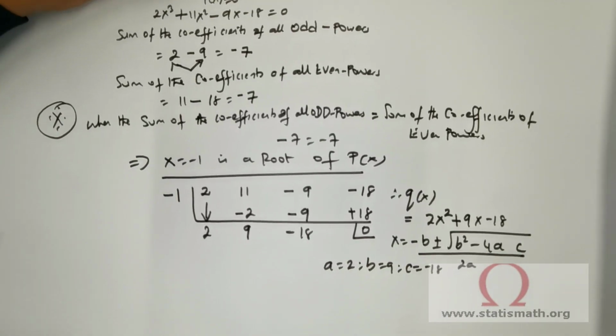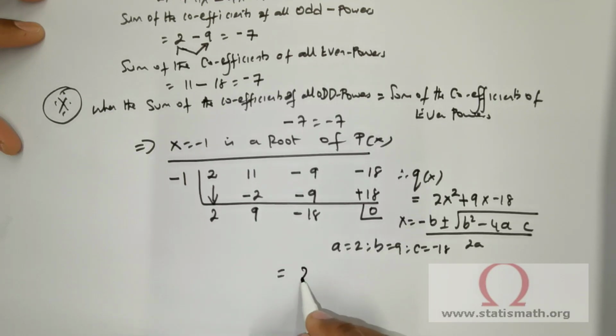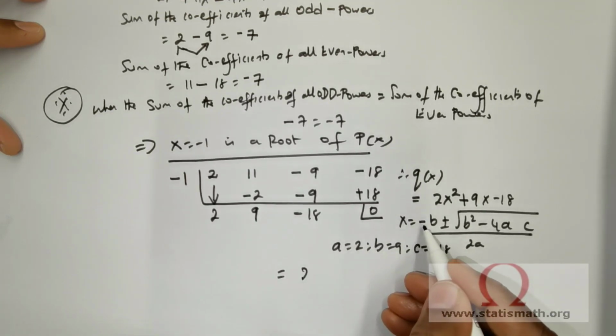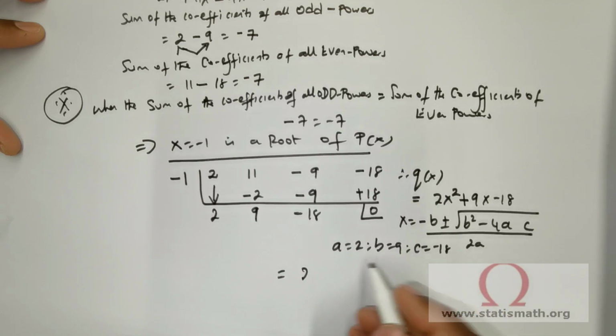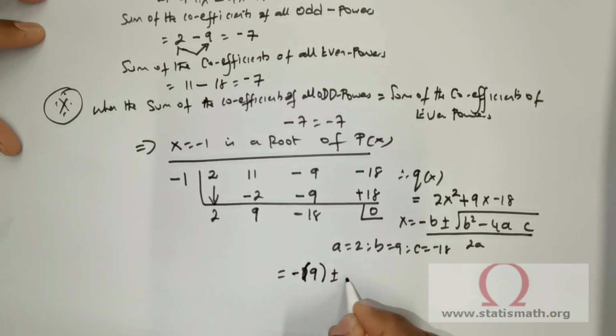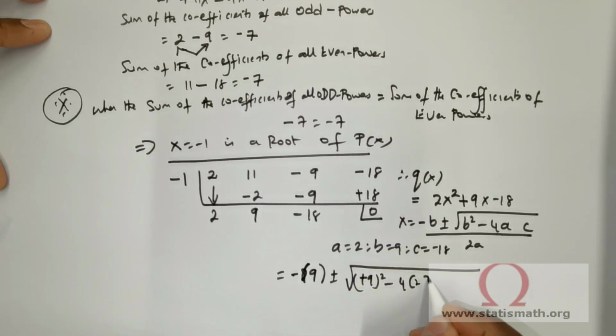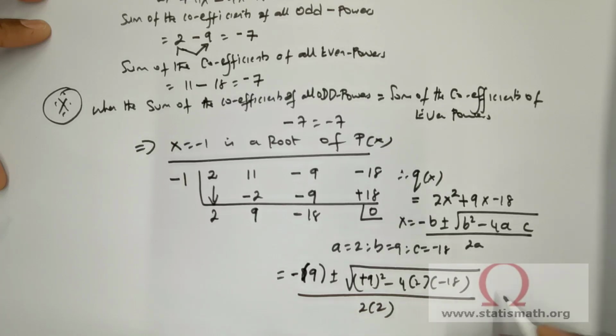Now when we do that, the value of b is 9, so it's going to be x = (−9 ± √(9² − 4 × 2 × (−18))) / (2 × 2).